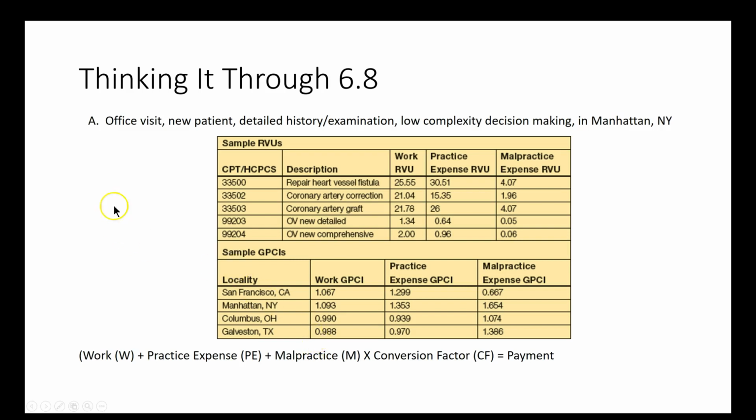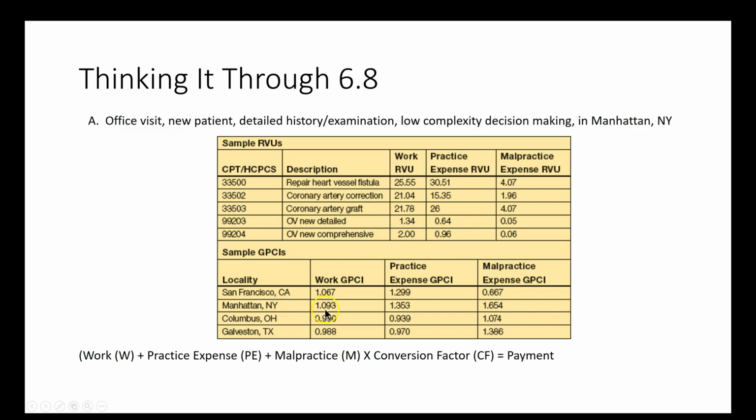Now, the first one says to determine the cost for an office visit for a new patient with a detailed history and exam and low complexity decision making in Manhattan, New York. So that's going to take us to 99203, an office visit for a new patient with a detailed history and exam. And these are the relative value units that we're going to use for that procedure.